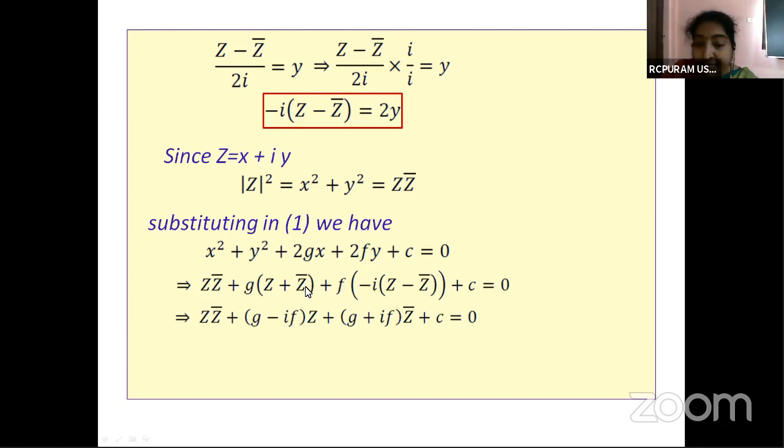Okay, and next is z bar, that is conjugate of z. So z bar, when I take common, from this term you are getting g, and from this term minus i into minus z bar is plus i into f, isn't it? So plus i f, z bar is out, plus c is equal to 0.